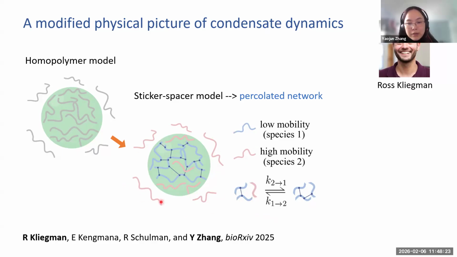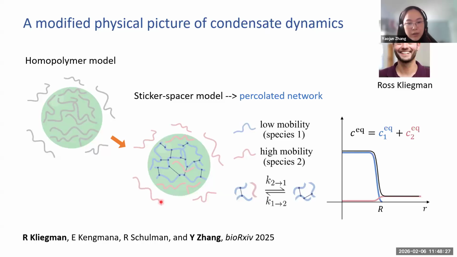Now, if we plot the concentration of the slow and fast molecules, this is how it looks as a function of the radial coordinate. So this is inside the condensate, and this is outside, the dense phase versus the dilute phase. I want to emphasize that this is a single-component condensate. We only have one type of molecule.